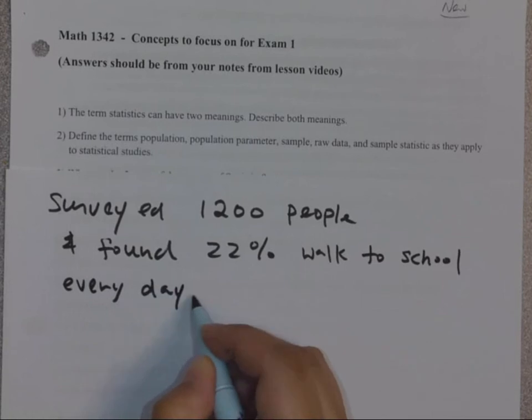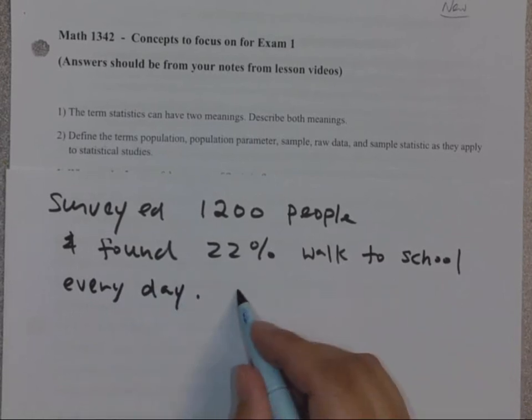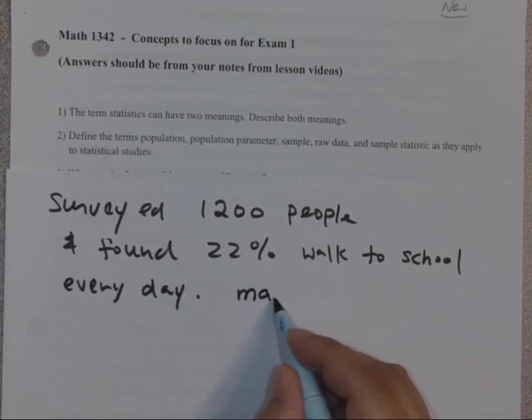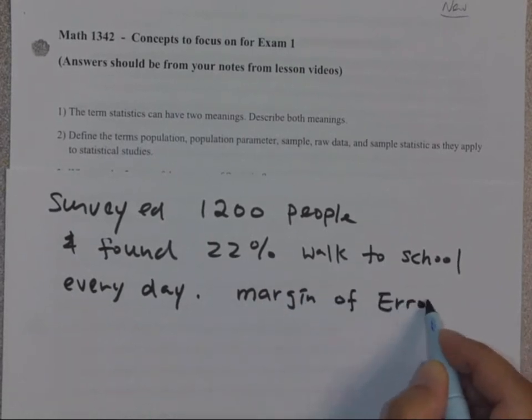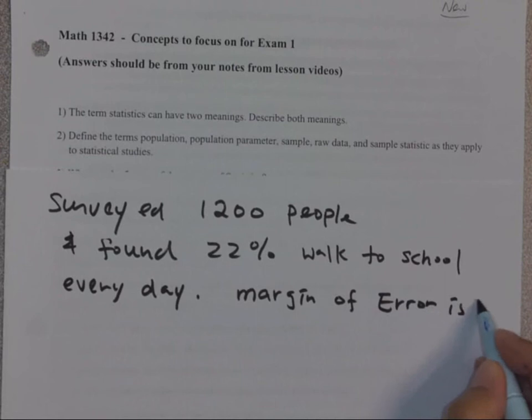I just made that up, so it's not a very good example, but it will have all the information there. The margin of error is 4%.